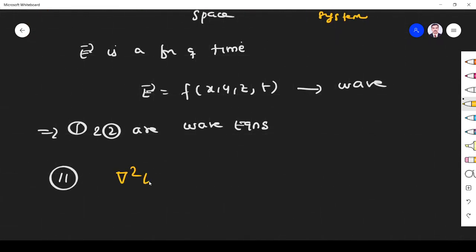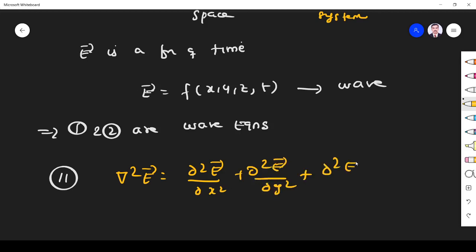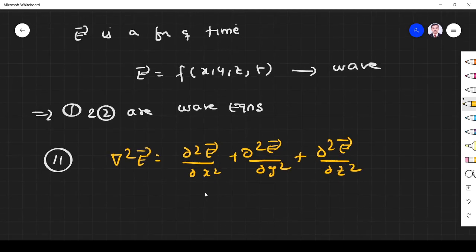Del squared E will become dou squared E by dou x squared plus dou squared E by dou y squared plus dou squared E by dou z squared. But we know E has xyz components here, here also, and here also.